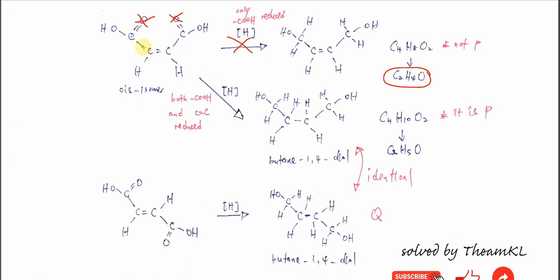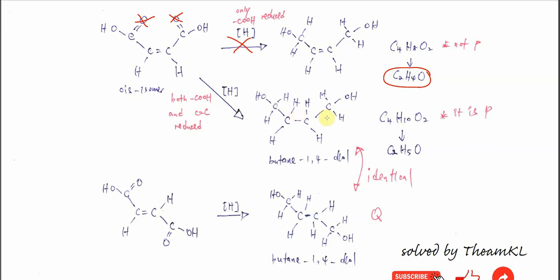Okay, so let's try the reduction of both the carboxylic acid and the C=C double bond. For the carboxylic acid, once it gets reduced, it will form this diol, as I told you just now. If the C=C double bond is now also reduced, meaning we add 2 hydrogens there, it will form this diol without the C=C double bond.